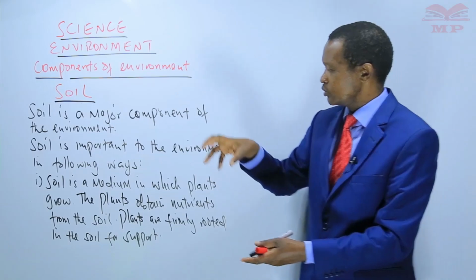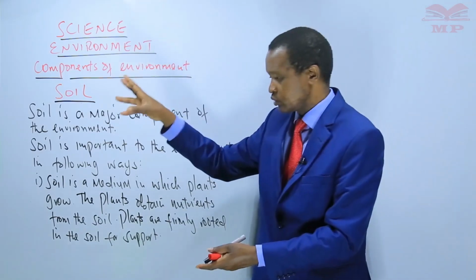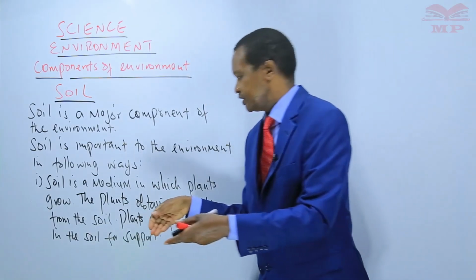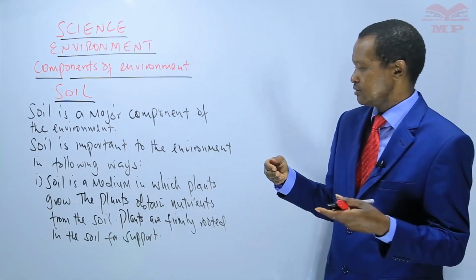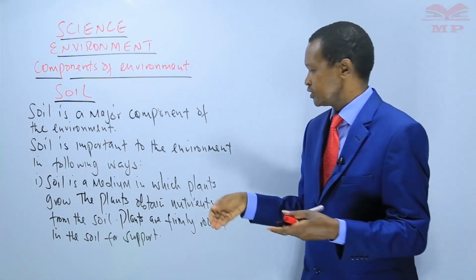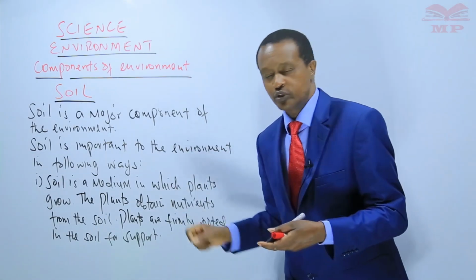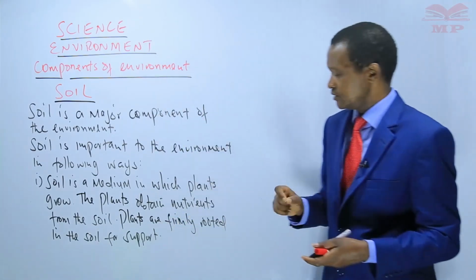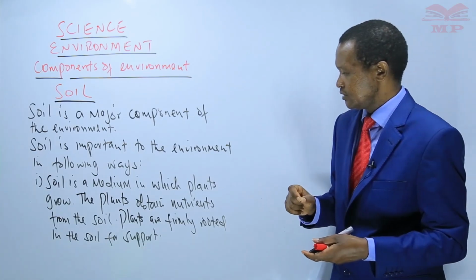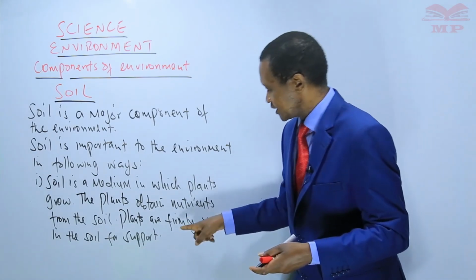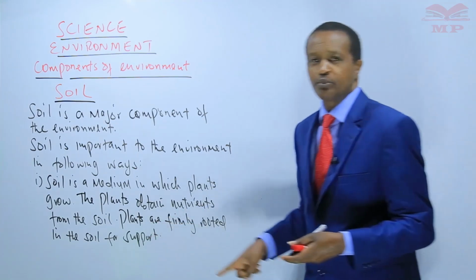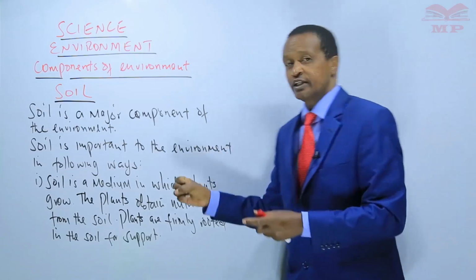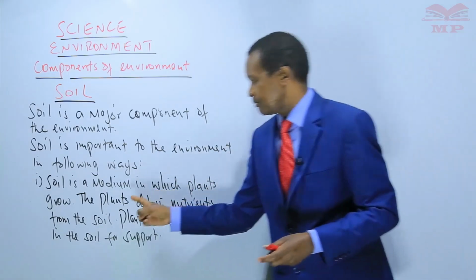So if you want to harvest crops, you need to look for soil, then plant the seeds in the soil, then the seeds will germinate. Why? Because the nutrients, the food that plants require to grow are found in the soil. Then, learners have said, plants are firmly rooted in the soil for support. Soil helps the plants to be firmly rooted in the ground. So that is point number one.